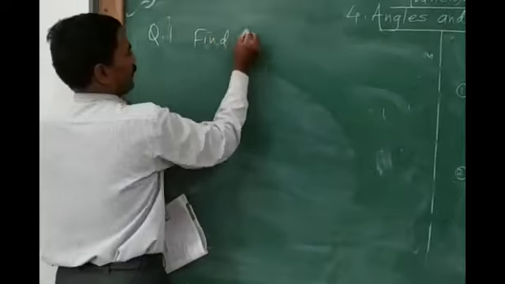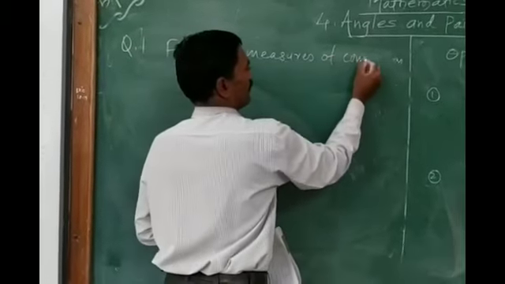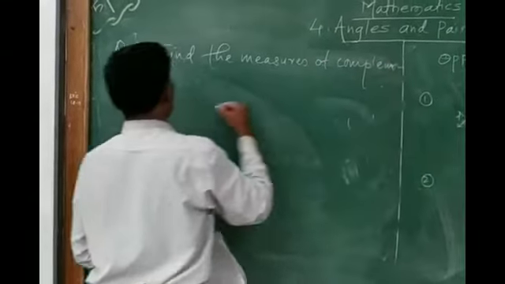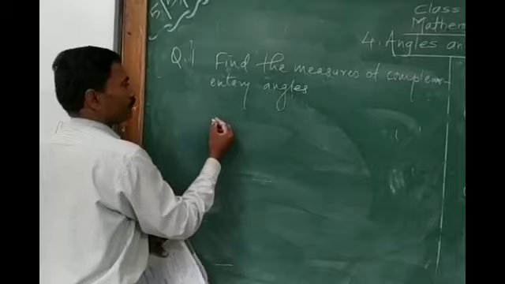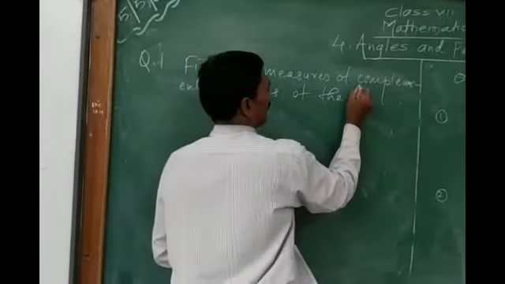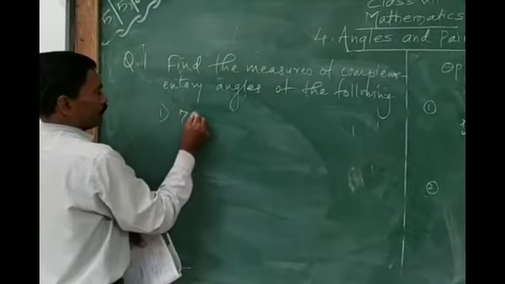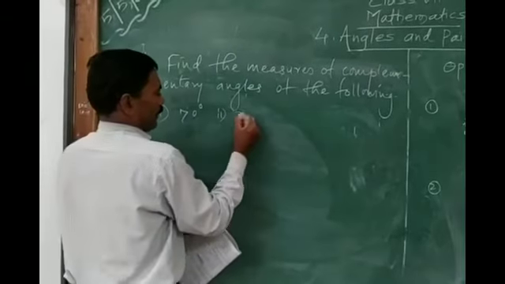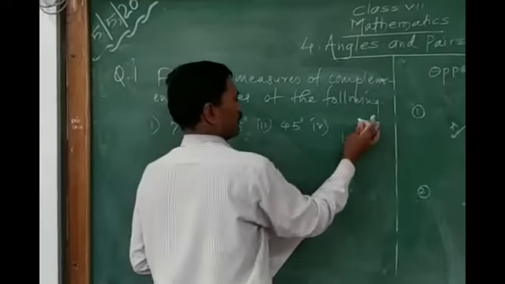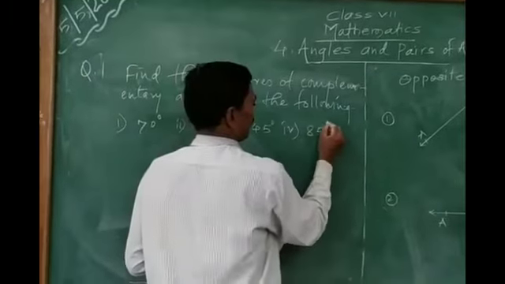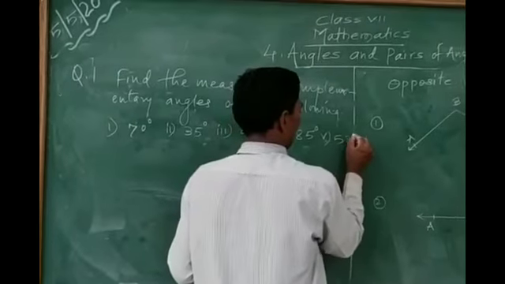Find the measures of complementary angles of the following: 70 degree, 35 degree, 45 degree, 85 degree, and 52 degree.